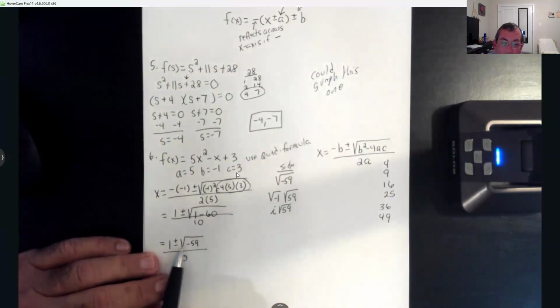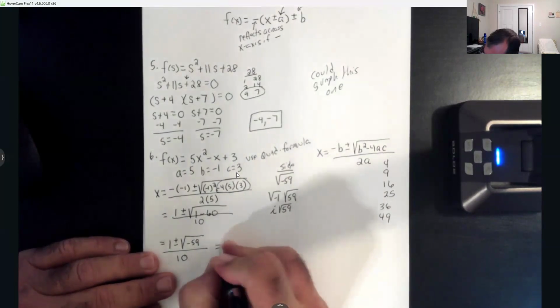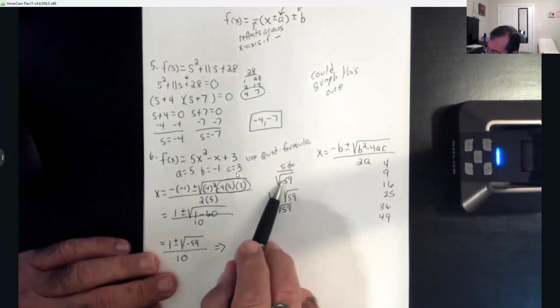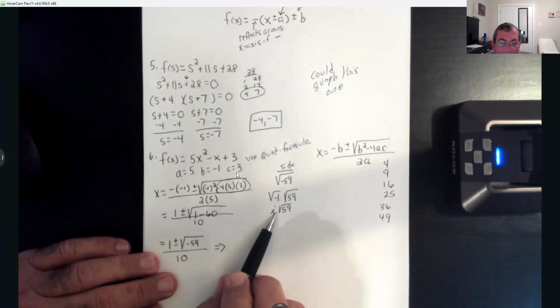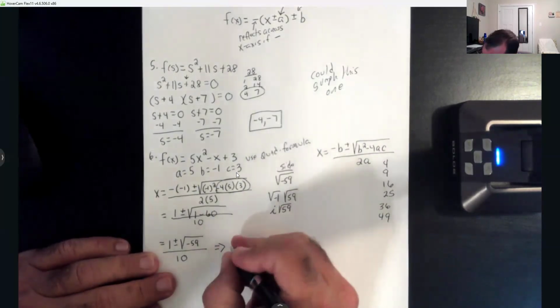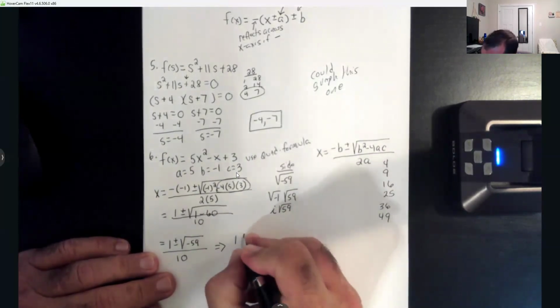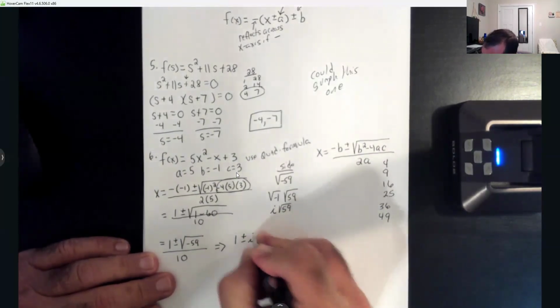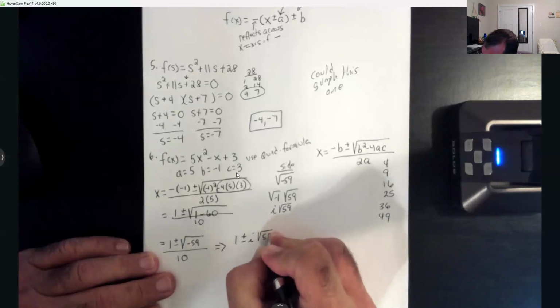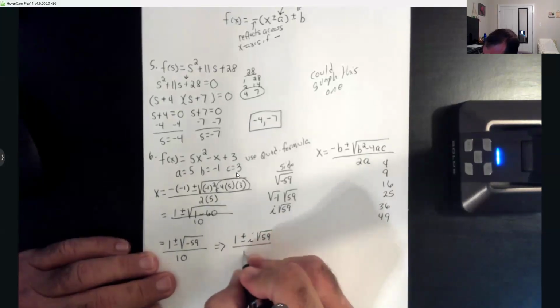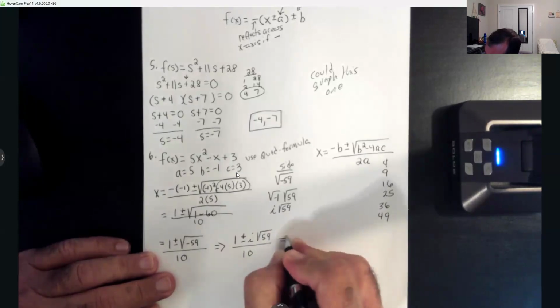So on this one, you've got a negative number, and you're not going to be able to do anything to it other than bring out that negative as the i. So this will give me 1 plus or minus i square root of 59 all over 10.